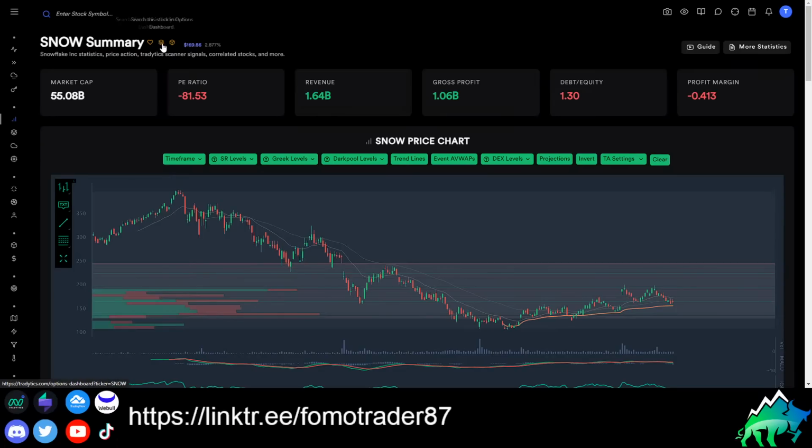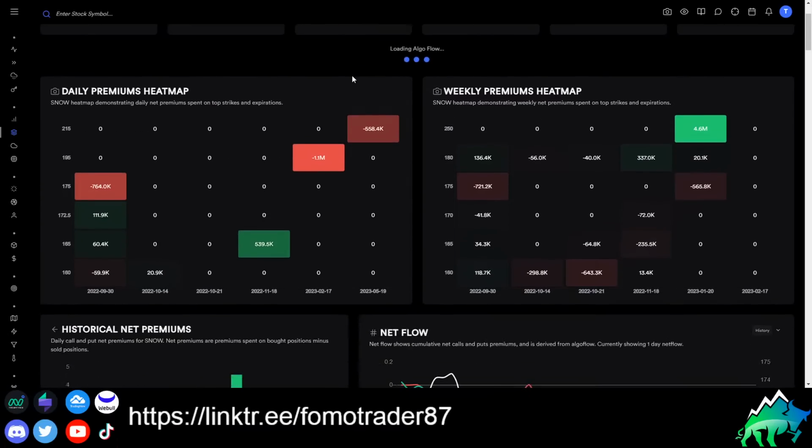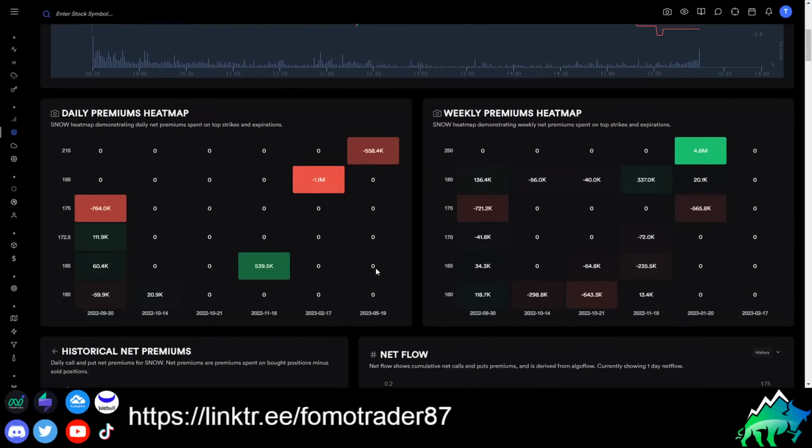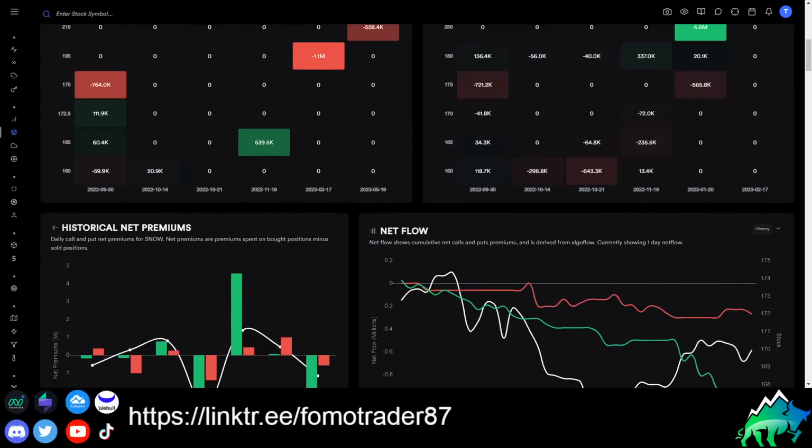So let's go to the options dashboard. We can see that the algo flow is bearish, anticipating a move down. And not a whole lot of activity in the heat maps here. There is a real big LEAP here for 250, but that's way out the money.